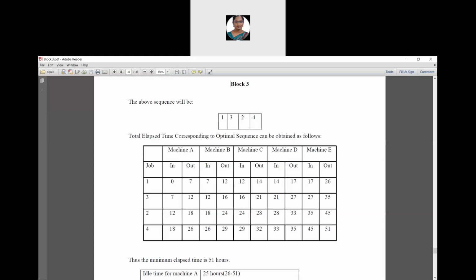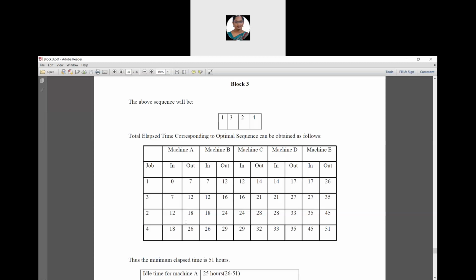And for the out value, how to find it? Addition of in value 12 plus the processing time for job 3 in machine B. It is there in the problem. It is 4, I think. So 12 plus 4 is 16. Then we have to compare these two values, 18 and 16.